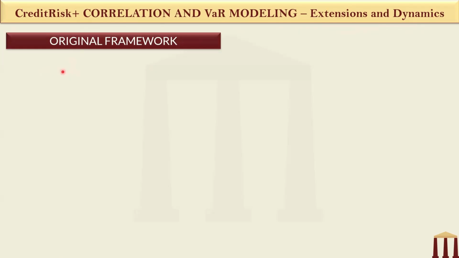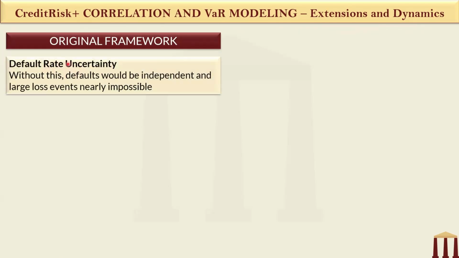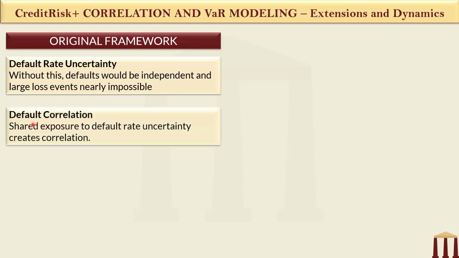Now, CreditRisk+ begins by recognizing that the default rates are not fixed, they vary year by year, and this uncertainty is quite essential because without it, the defaults would be independent and large loss events would be almost impossible to observe. Next, default correlation. Once we introduce uncertainty in default rates, we automatically create default correlation.